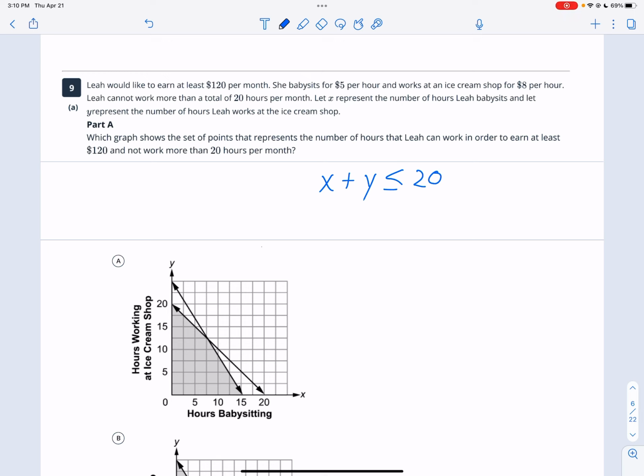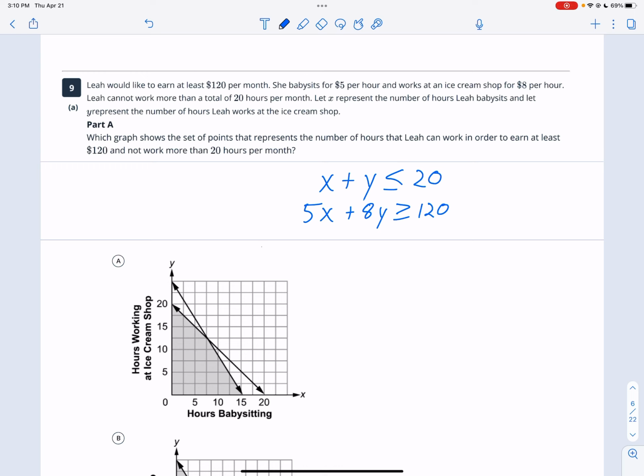She makes $5 per hour at the babysitting gig, so that's 5 times how many hours she works babysitting each month. And then she gets $8 per hour at the ice cream shop, so that amount of money is going to be 8 times how many hours she works there. And she wants all of this to be greater than or equal to $120.